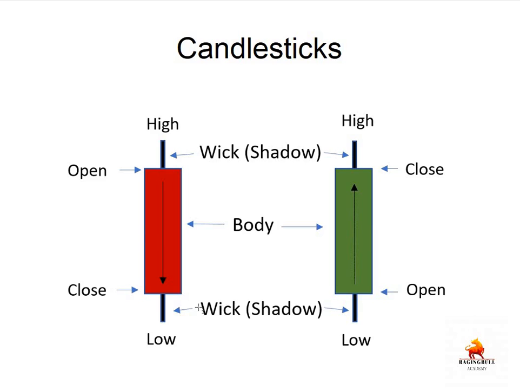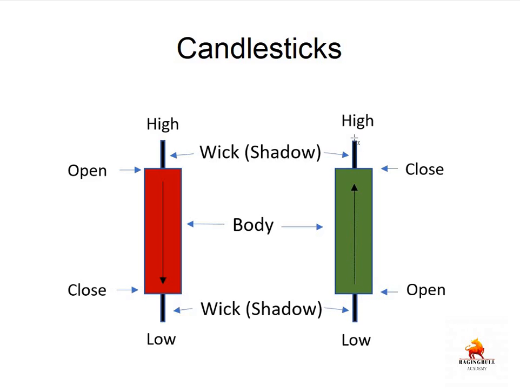On the other hand, you have what is called a bull candle. Same thing, I'm going to tell the same story. The market opens up here. The sellers came in and wanted to push the price down. They ended up pushing it to a certain point. The buyers were too strong and took it all the way up high.